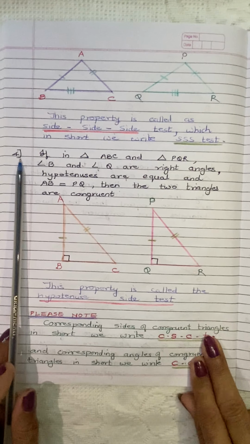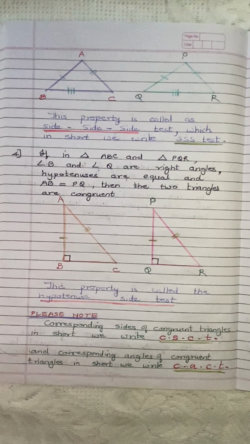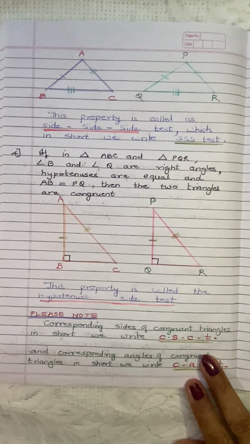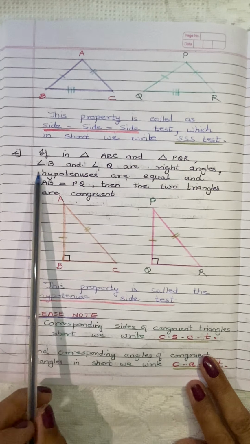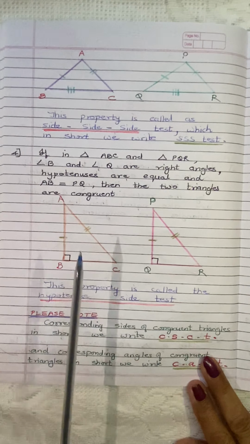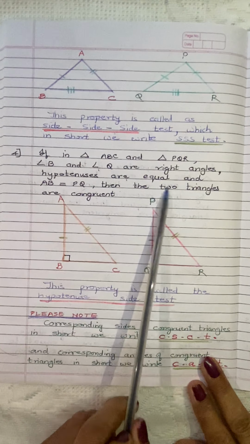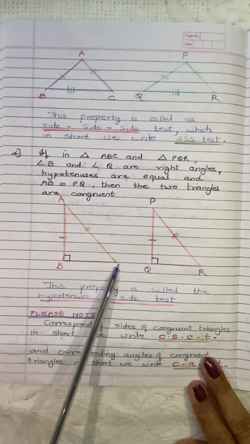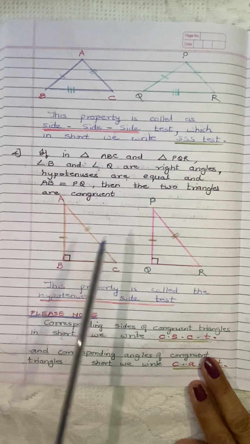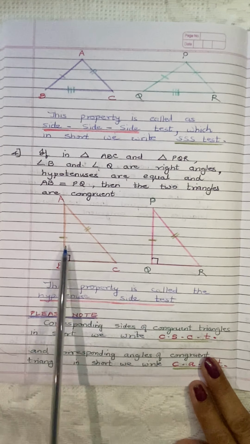Now the fourth important point which we need to understand: in triangle ABC and triangle PQR, angles B and Q are right angles and the hypotenuses are equal, that is, AC and PR are equal, and AB and PQ are equal, then the two triangles are congruent.